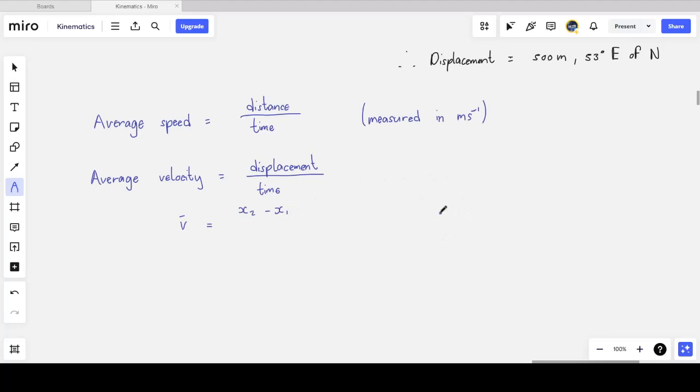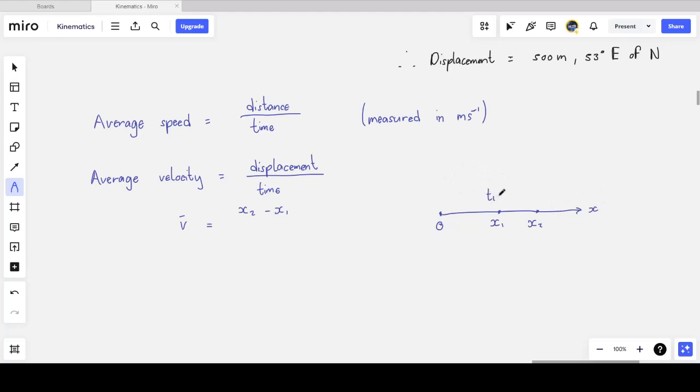Let's first write what I'm actually referring to here. Let's assume I'm walking on a straight line, and I start at position x1 on the straight line. I go for a bit of a walk, and I end at position x2 on the straight line. And all this time I was walking east, so everything to the right is positive.